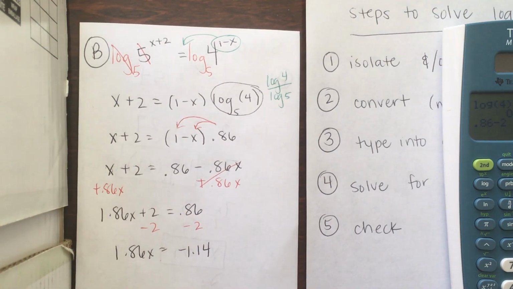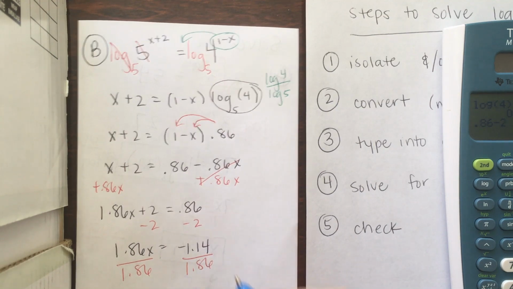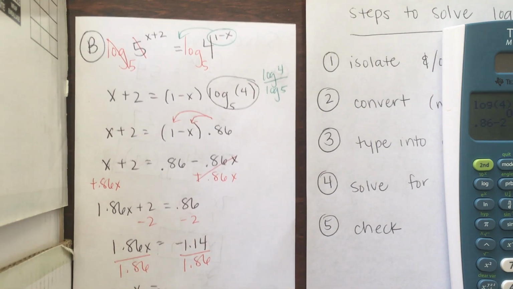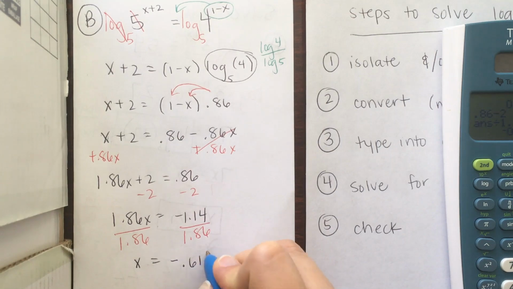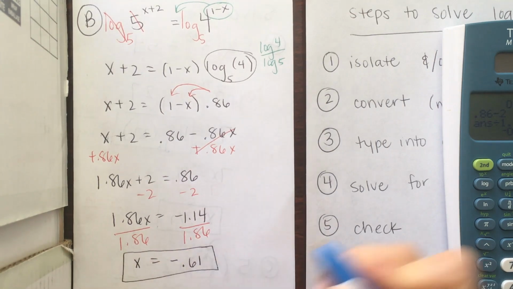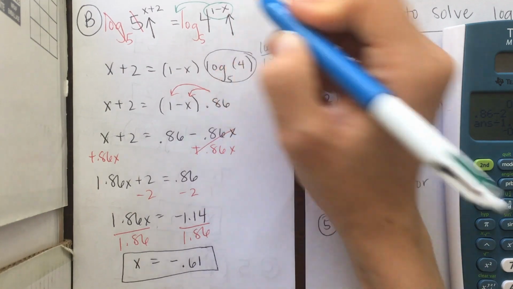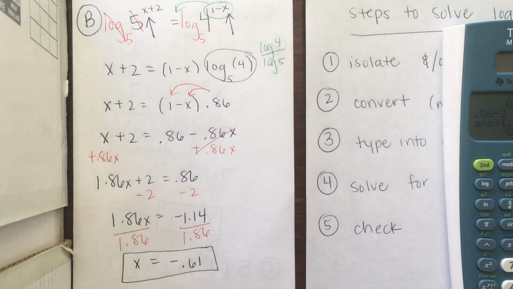And divide by 1.86. I get that my final answer is negative 0.61. You can double check by plugging that back in to your x's, and if you plug it in, this number is the same answer as this number.